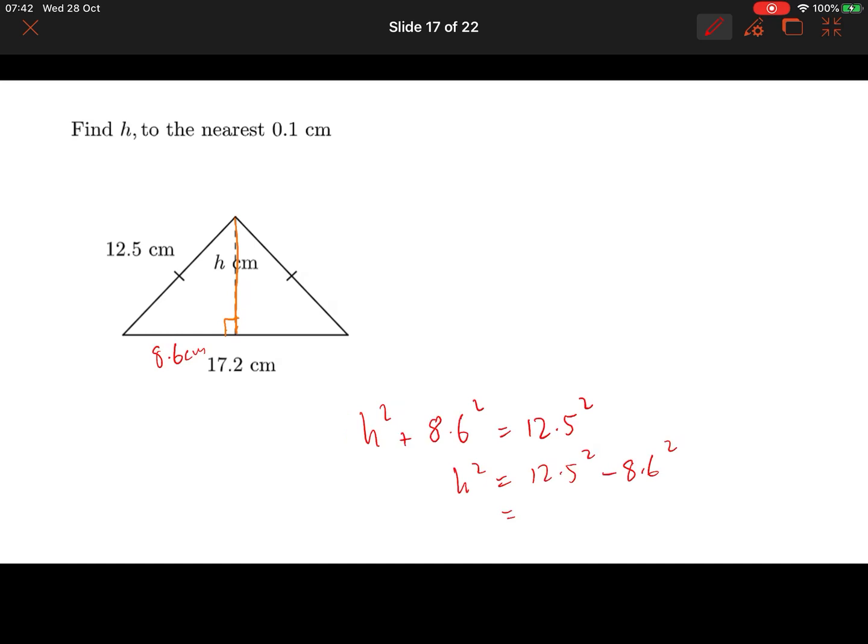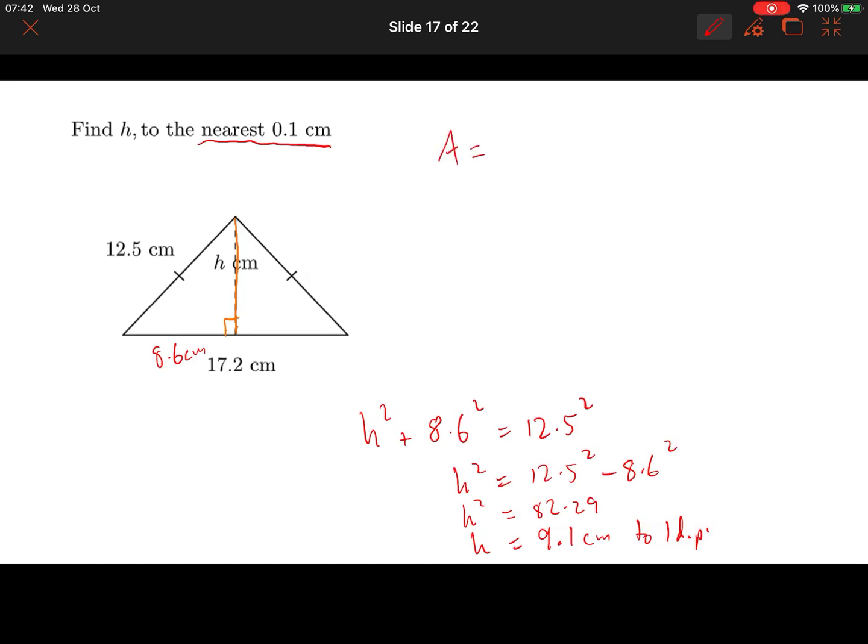You're definitely going to use a calculator for that. 12.5 squared minus 8.6 squared equals 82.29. And so h is equal to the square root of that, which equals 9.1 centimetres to 1 decimal place. That's what the question asked for.